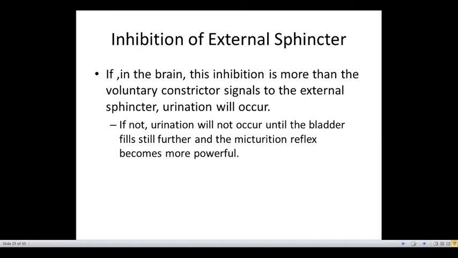Now, if in the brain this inhibition is more than the voluntary constrictor signals to the external sphincter, urination will occur. If not, that is, the voluntary constrictor signals are more than the inhibition, urination will not occur until the bladder fills still further and the micturition reflex becomes more powerful.